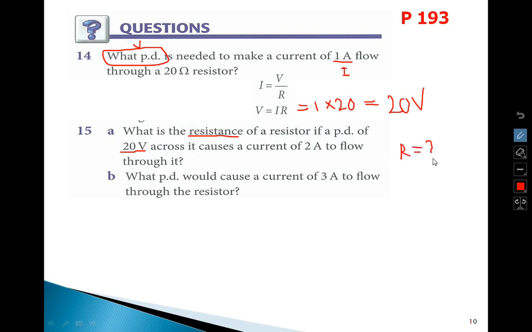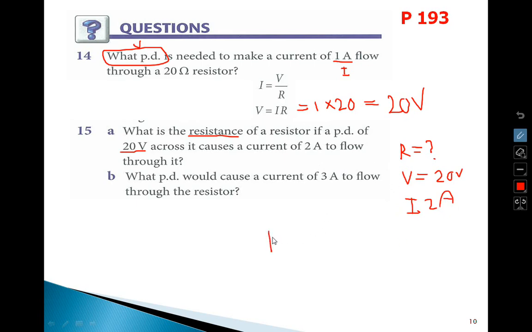We need to find R. If we have V, the source of voltage or power supply, equal to 20 volts, it causes a current of 2 ampere. So I is 2 ampere. What is R?